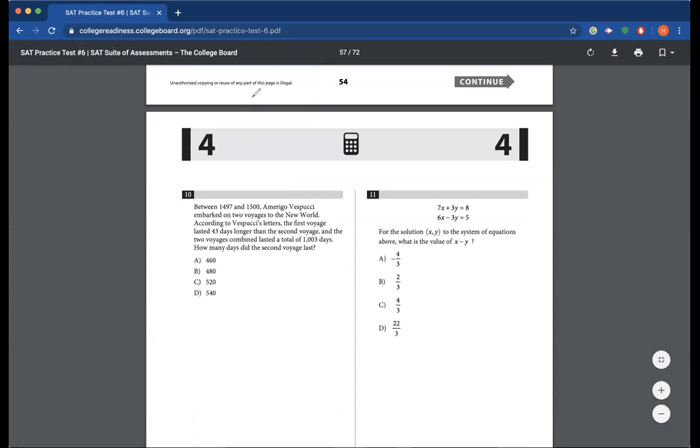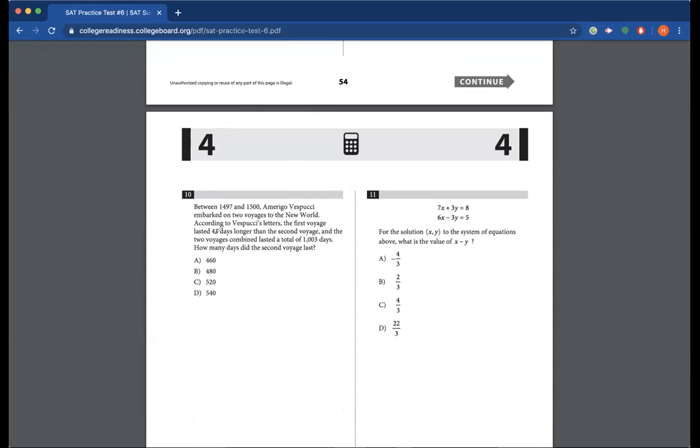So yeah, this Amerigo Vespucci one. Let's say his first voyage, FV, let's label that as X. Let's label the second voyage as Y, okay? So we know that the combined total lasted 1,003 days.